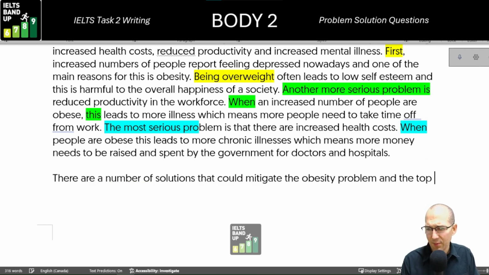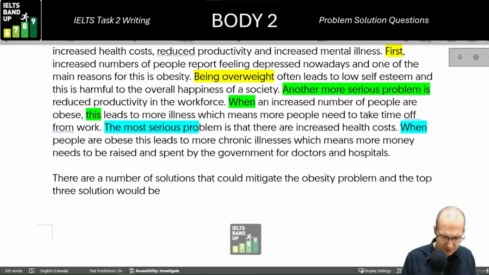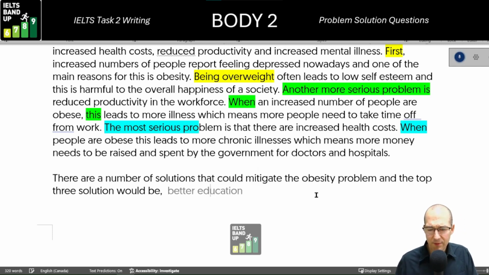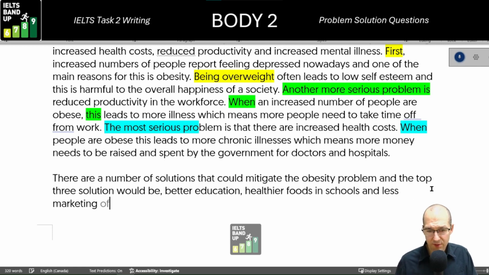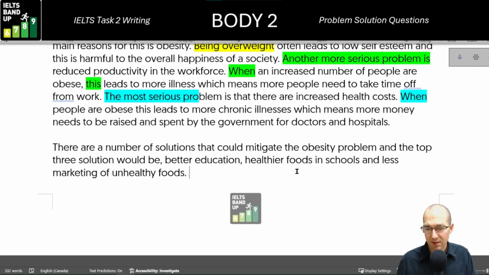And the top 3 solutions would be better education, comma, healthier foods in schools, and less marketing of unhealthy foods. Now, it's a little long, but that would be like a perfect topic sentence.